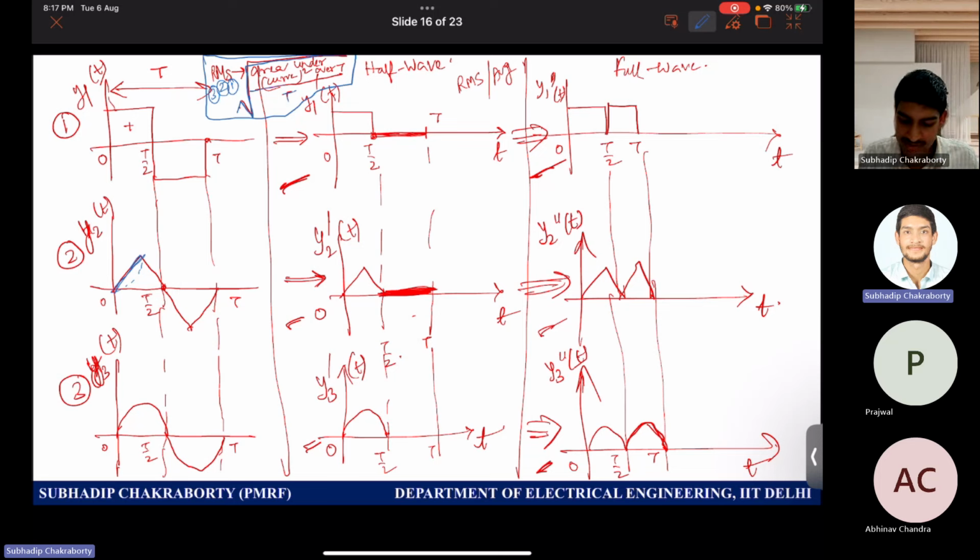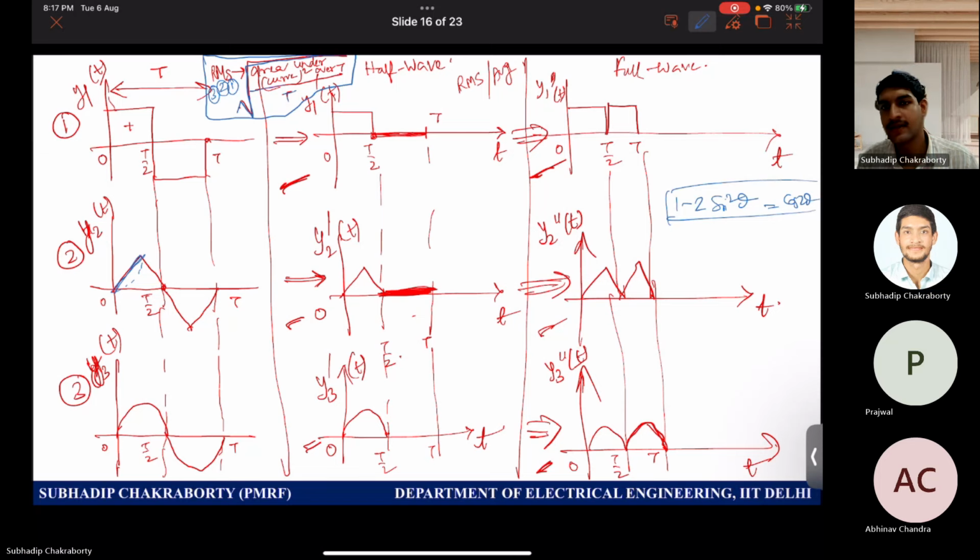Hope you understand, because sine square theta, maybe you have done in 11 and 12, is nothing but (1 minus cos 2 theta) by 2. So I can express the sine square as a signal having twice the frequency, but it will be a shifted version because it will have an offset.